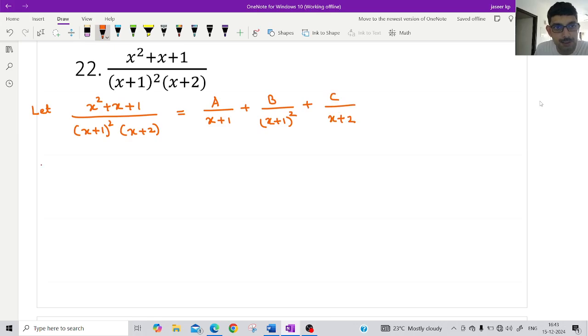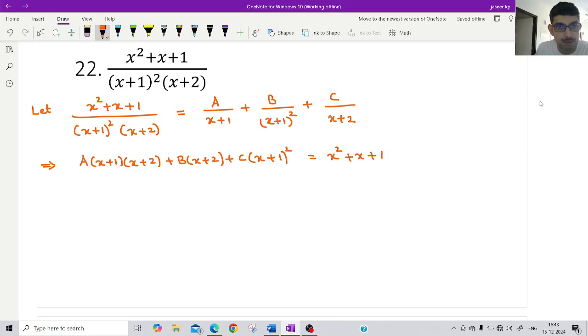Now taking the LCM and simplifying, it can be written as a into (x plus 1) into (x plus 2) plus b into (x plus 2) plus c into (x plus 1) whole square equal to x square plus x plus 1. Now we'll find the values of a, b and c.